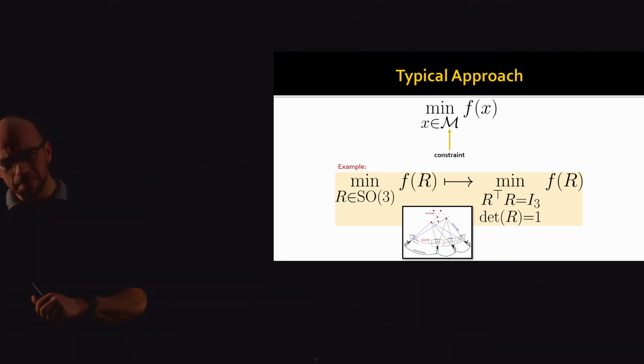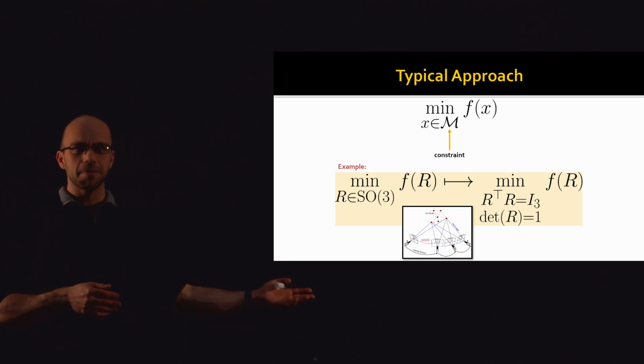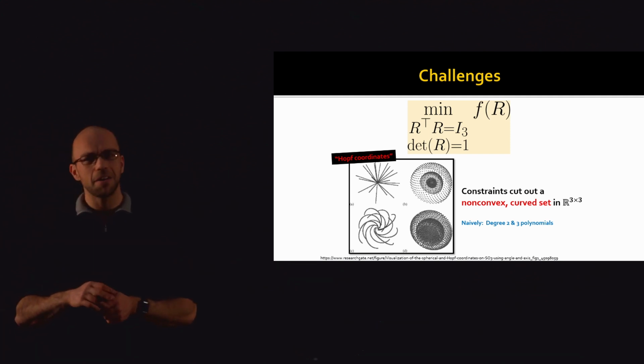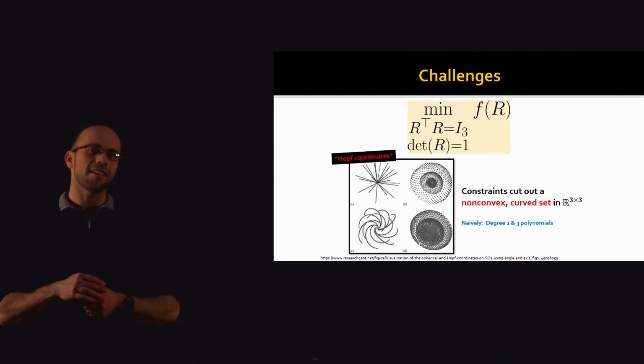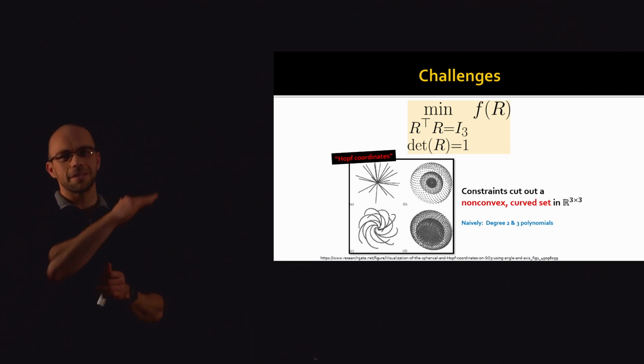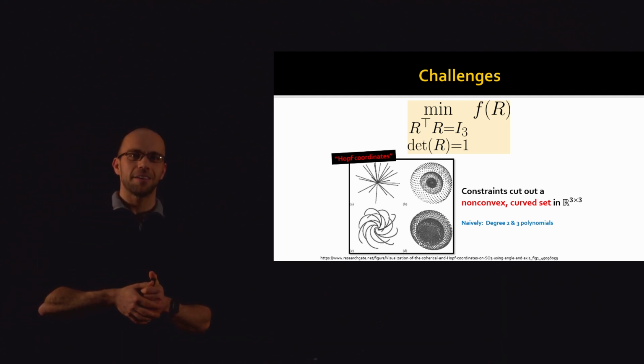But here's the problem. That constraint, that set of R's that satisfy these two relationships that I've written on the right-hand side, it actually cuts out a really complicated manifold. It's a non-convex set, it's curved, and essentially it's cut out by a bunch of degree 2 and 3 polynomials, which you can write down just by expanding those two constraints there.